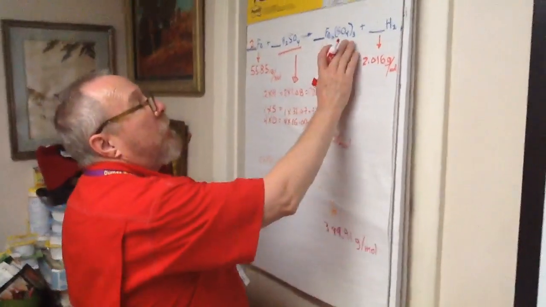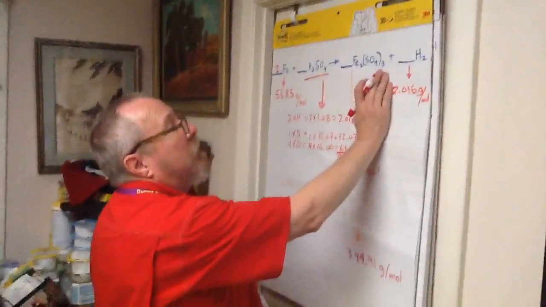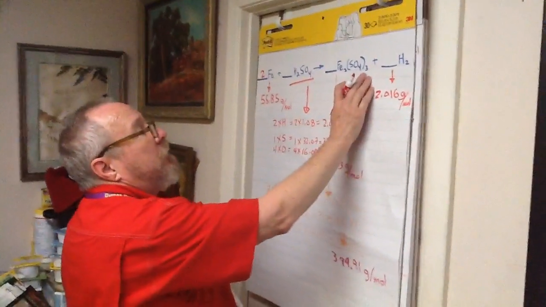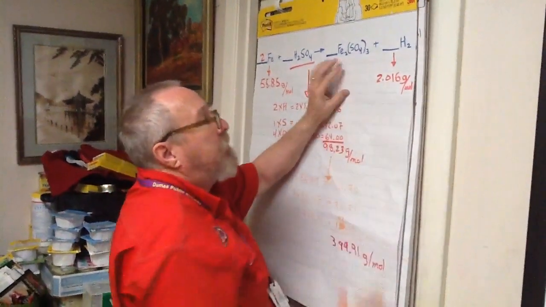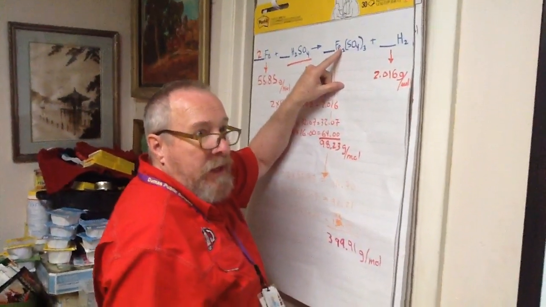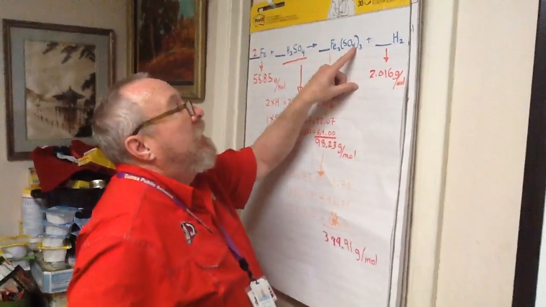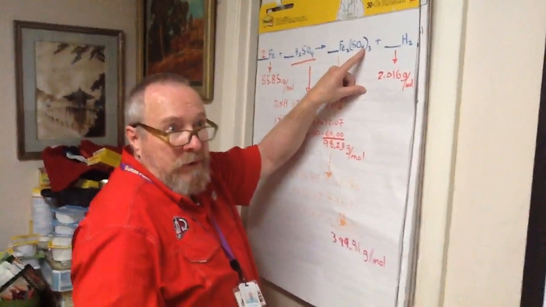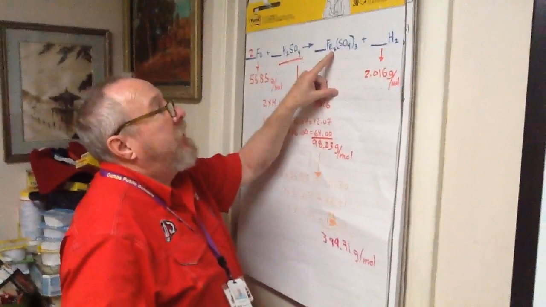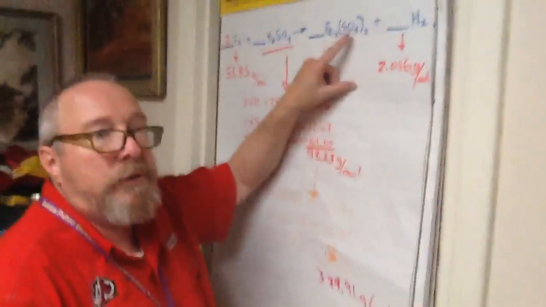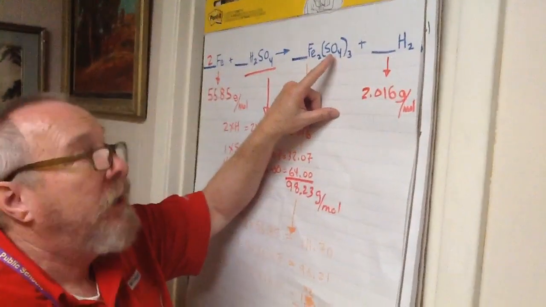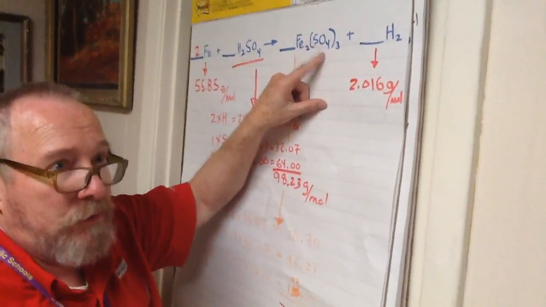And I'm going to need 3 sulfates. Because look, for every 2 irons there's 3 sulfates. This is the classic example of a +3 and a -2. So this is iron 3, and sulfate, as you can tell when you look it up on your chart of polyatomic ions, is always -2.